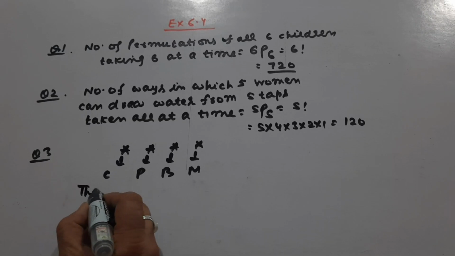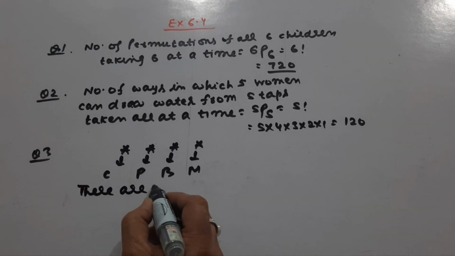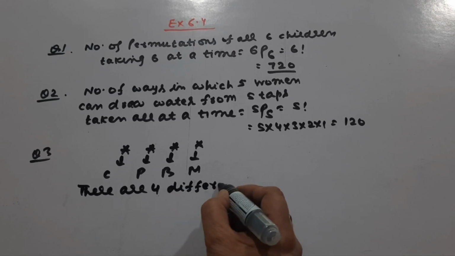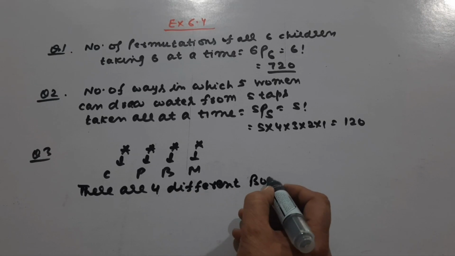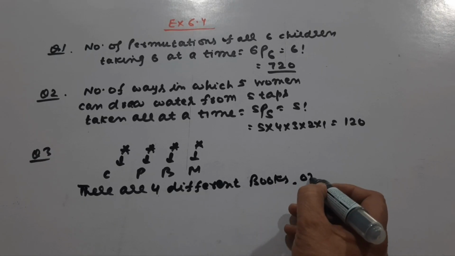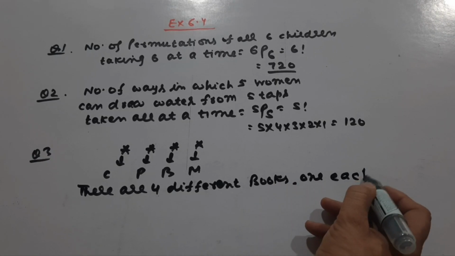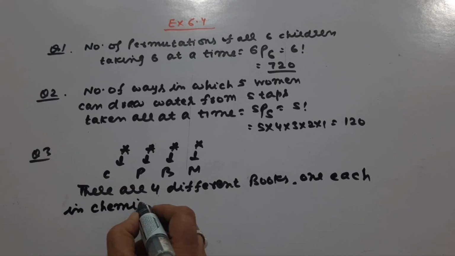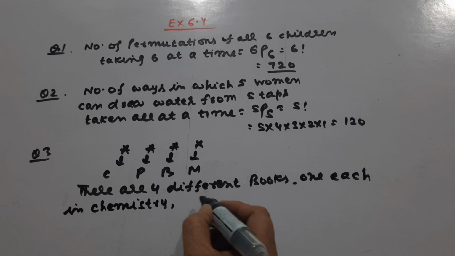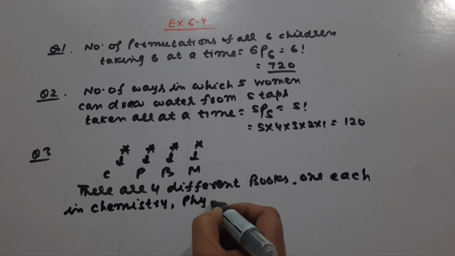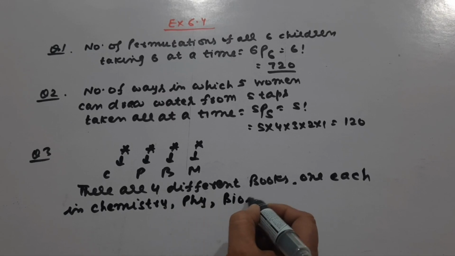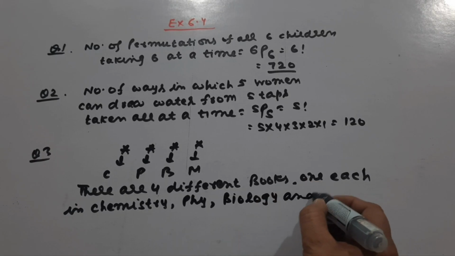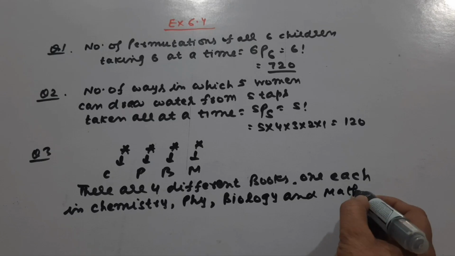So students, there are 4 different books, one each in chemistry, physics, biology and maths, right?